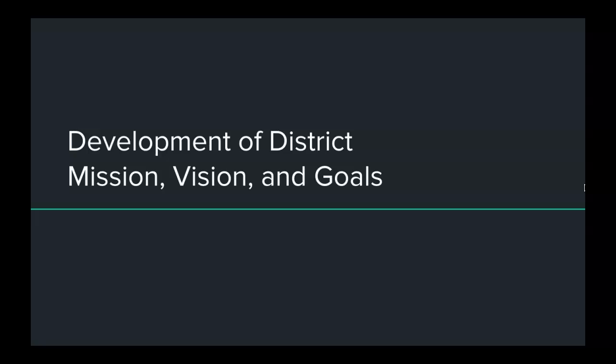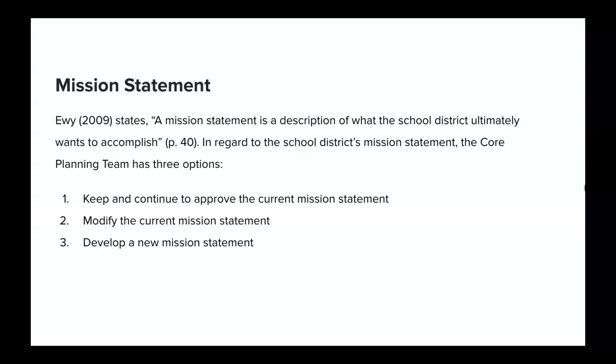So now we're ready to move on to our development of the district mission, vision, and goals. The first piece of that is the mission statement. So that's what the school district wants to accomplish. A mission statement is simply a description of what the school district ultimately wants to accomplish, like I said, and the core planning team has 3 options. Now, they first can keep and continue to approve the current mission statement, so whatever's currently in place.